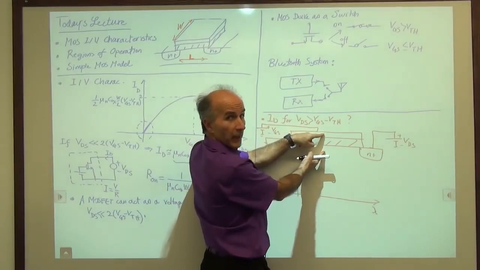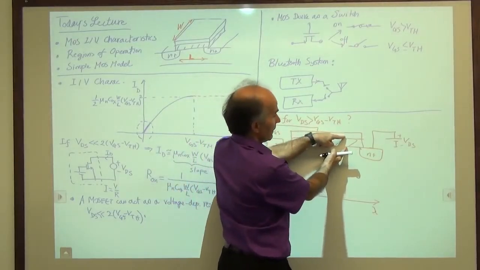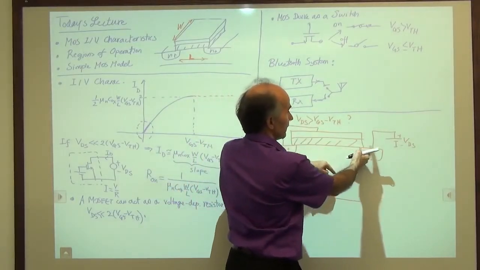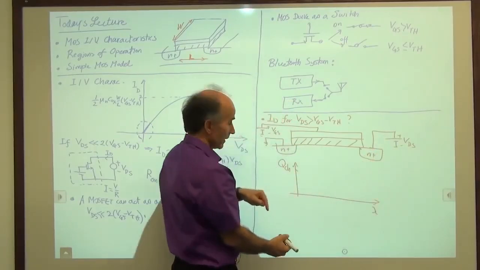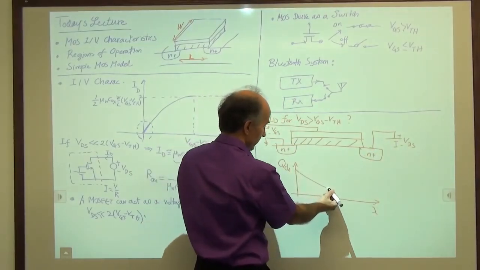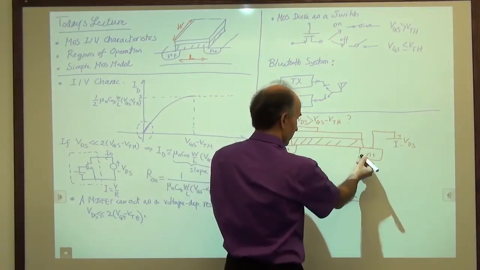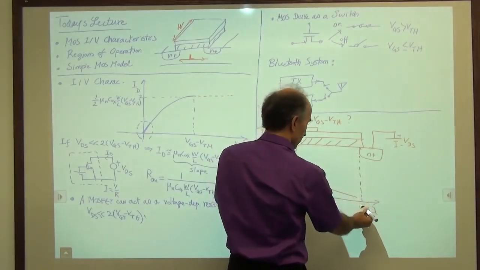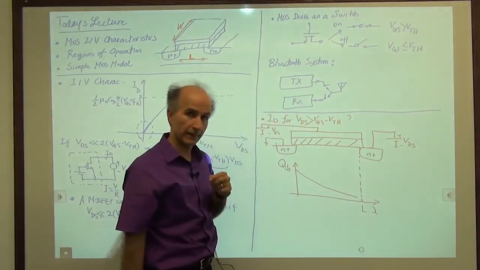But as we travel this way, the voltage difference decreases because eventually this point is at VDS, not at 0. So we see that this keeps coming down. Okay, up to here, this is the length of the device.